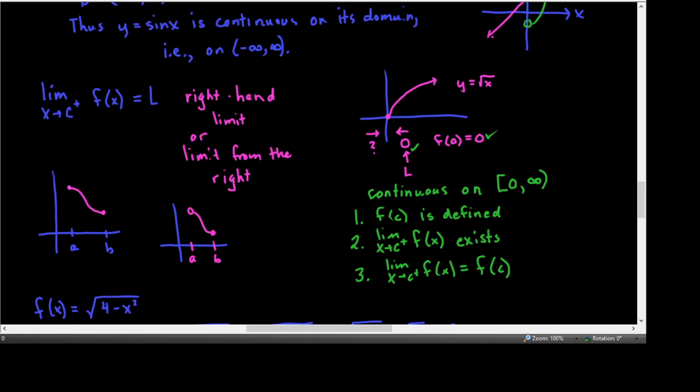Okay, so basically you can tell when the graph goes right to a closed dot, closed circle at A or B, then it's continuous at that endpoint of the interval at A and B, which is this picture. And the one on the right is only continuous at B, not at A.